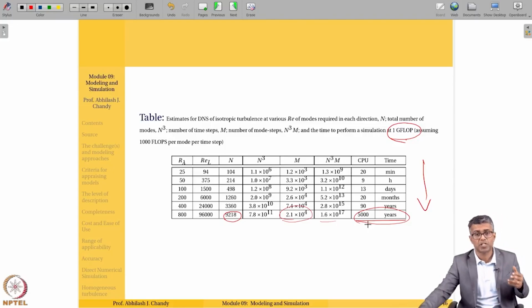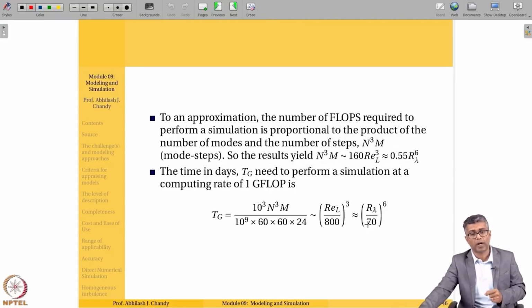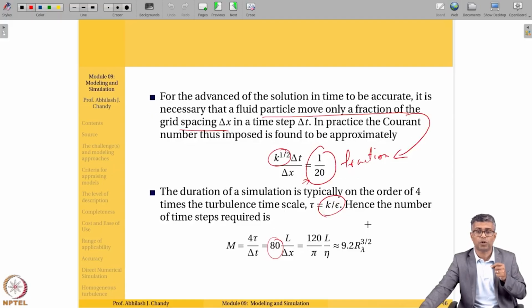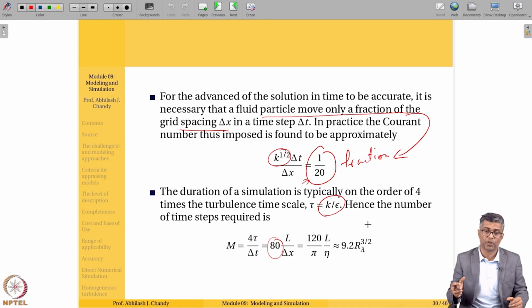We could come up with an estimate for L11 over L. That is, again, because it was homogeneous turbulence. All of these estimates, we could do because it was a simple kind of flow. All of this changes once you have inhomogeneous flows. We will discuss that in this module as well in the next class.